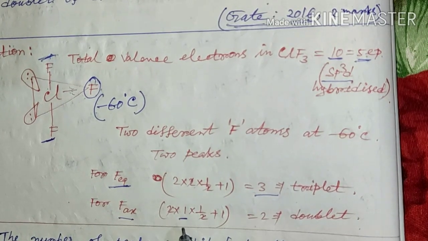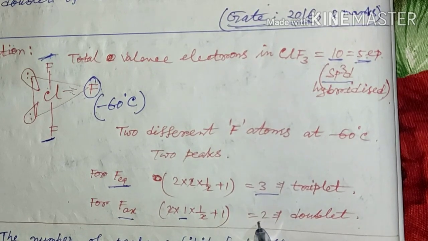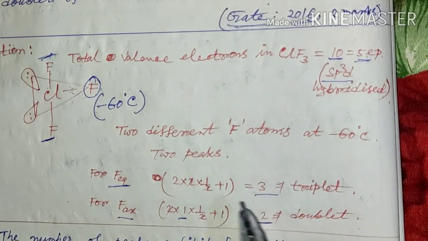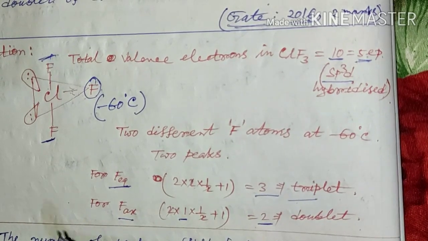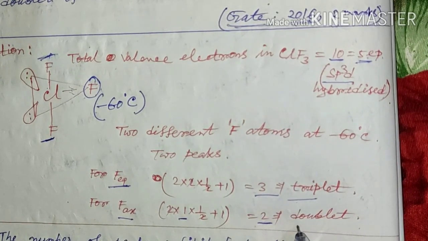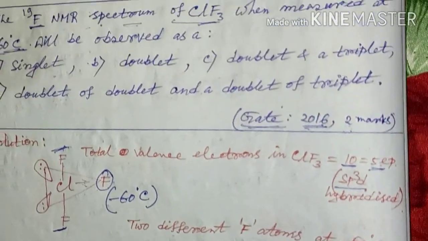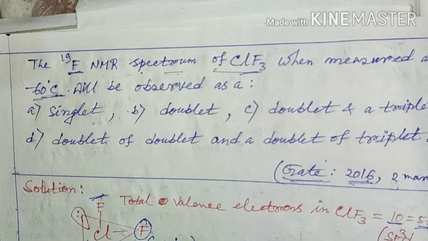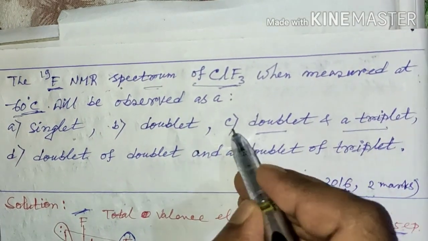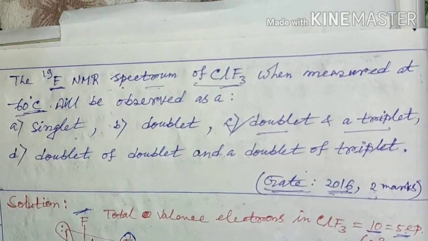Since there is one equatorial fluorine atom, it will be a doublet. That means the equatorial fluorine atom will be a triplet and the two axial fluorine atoms will give a doublet peak. That means the answer is this one, doublet and triplet, option number C.